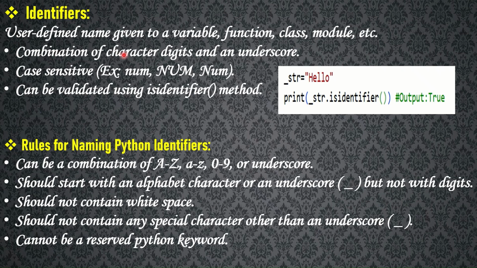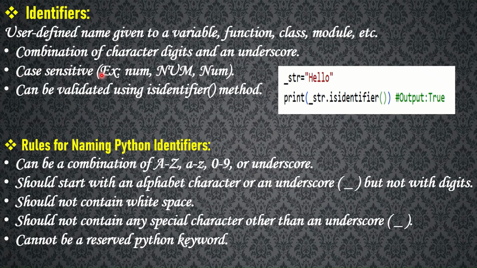It can be a combination of characters from A to Z, digits from 0 to 9, and an underscore. It is not mandatory that all three be present in the identifier name, but it can be a combination. And identifiers are case sensitive.